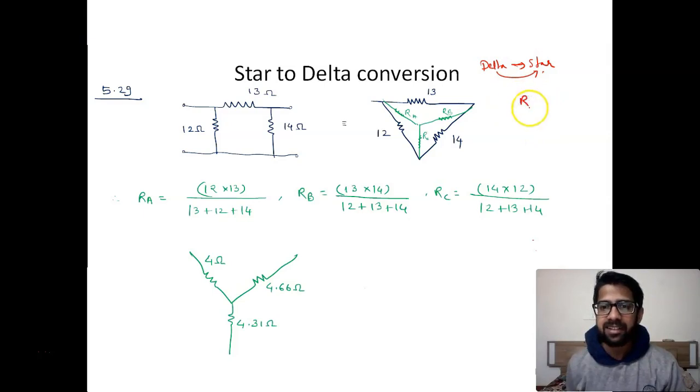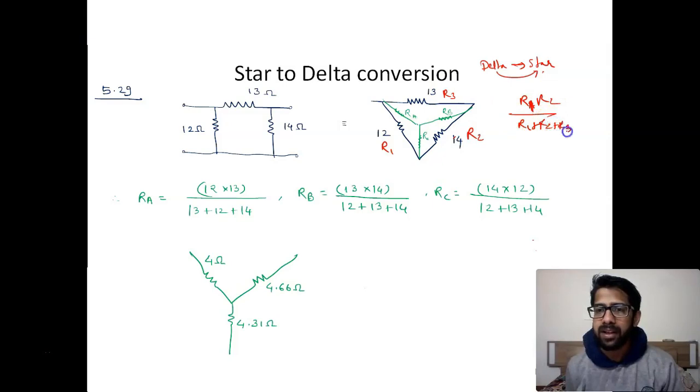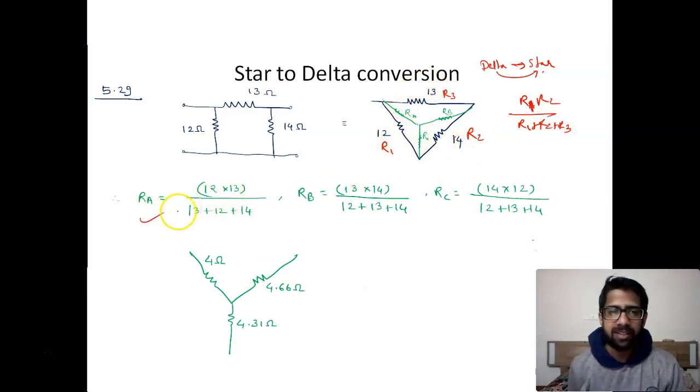The adjacent resistances multiplication. Let us name them R1, R2 and R3, so we get R1 R2 divided by R1 plus R2 plus R3. Basically for RA, we will use 12 into 13 divided by 12 plus 13 plus 14. This will give us RA, RB and RC.